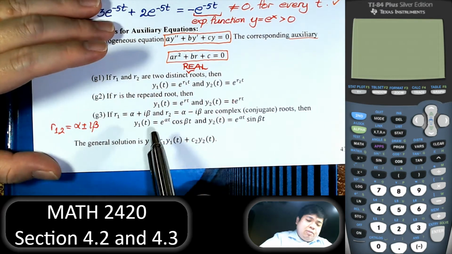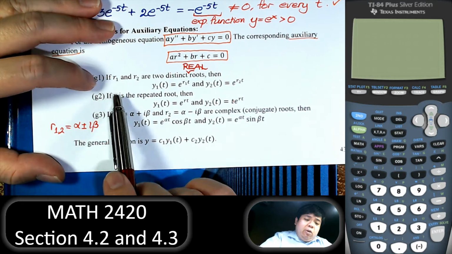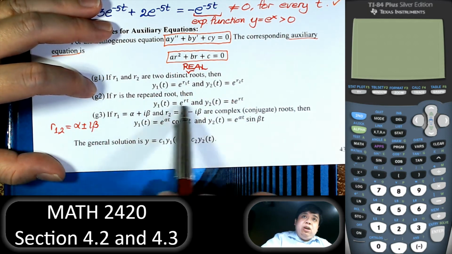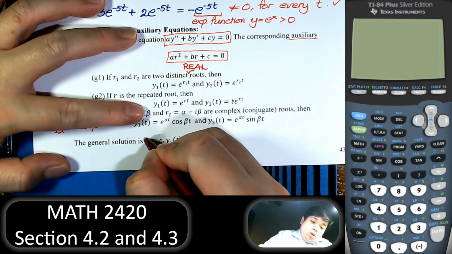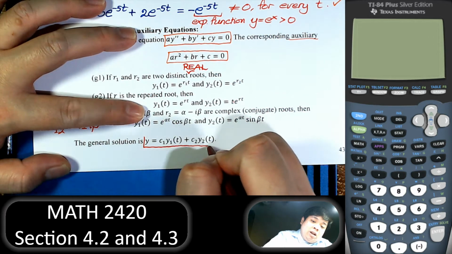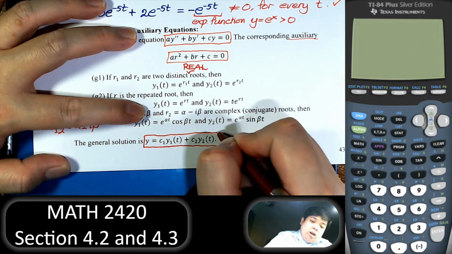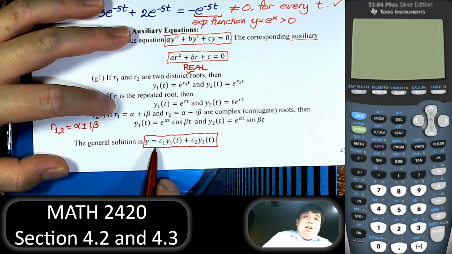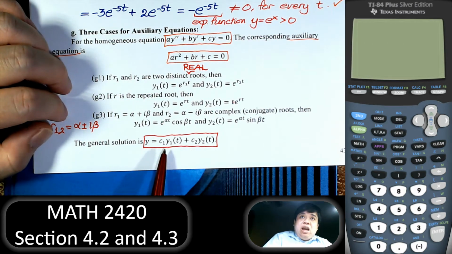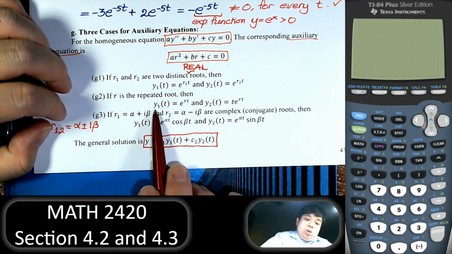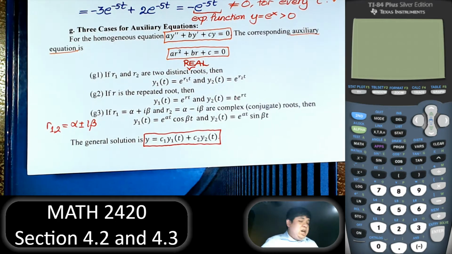Shortly we'll do this example and show that they are linearly independent. But finally, for each of these cases we have two solutions, and those two solutions are linearly independent. So we write the solution as the linear combination of those solutions in each of the cases.